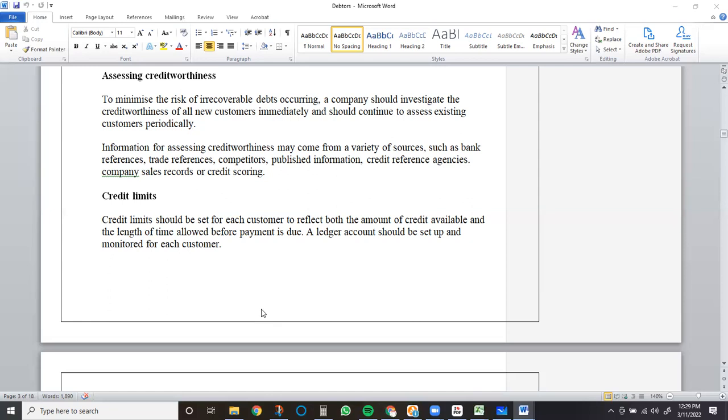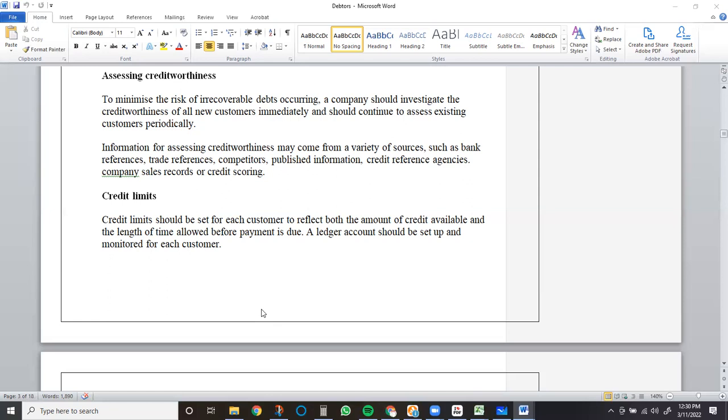But in addition, the company has to maintain a memorandum ledger, a memorandum debtors ledger. In the memorandum debtors ledger, there will be a single account held for each customer, each credit customer. And all movements related to that customer must be recorded in that memorandum account. So if goods have been purchased today by customer X, then that must be reflected in the memorandum ledger.